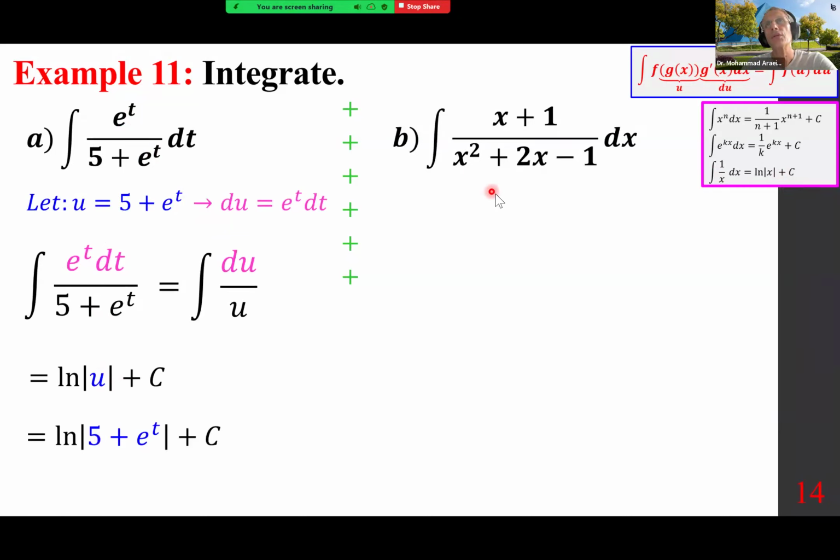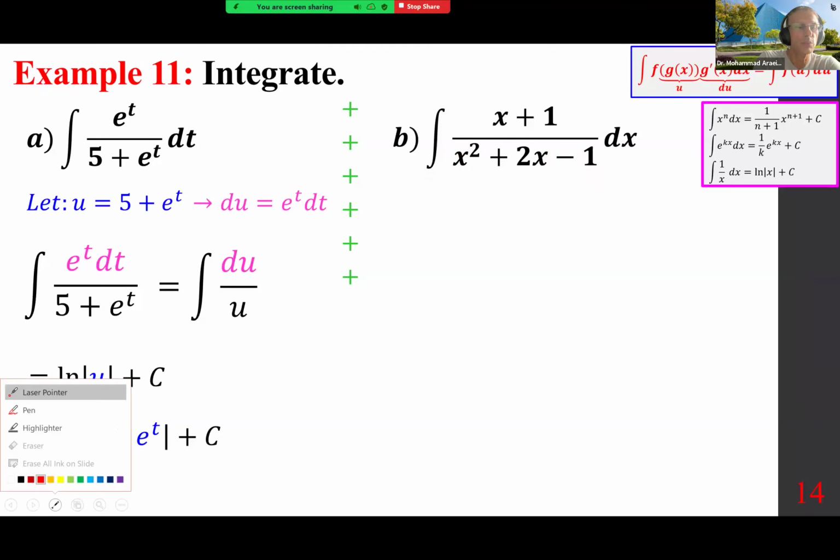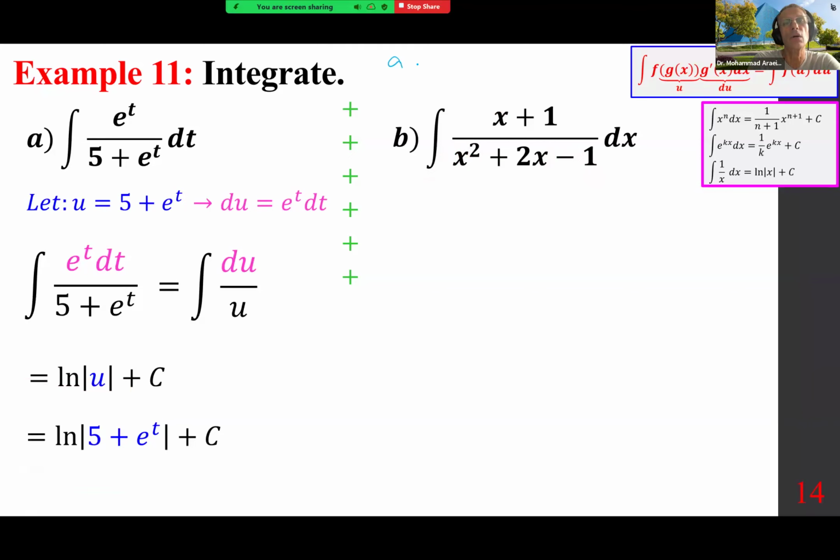Any rational function, any fractional format can be simplified first. This can't be factored out because this quadratic expression has a equals 1, b equals 2, c equals -1. b squared minus 4ac is 2 squared minus 4 times 1 times -1 makes it positive 8.